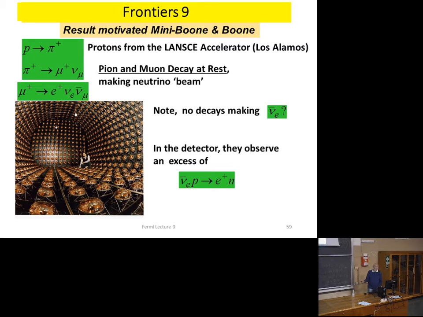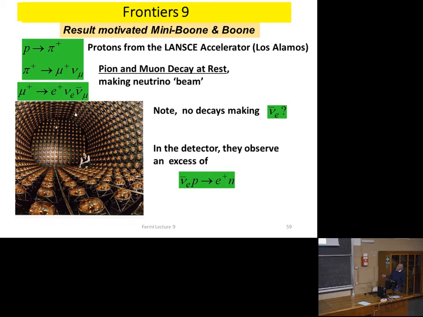There are no backgrounds particularly. And it makes 3 kinds of neutrinos, but not the 4th. So the question is, can you make the 4th by it decaying and changing its identity? In the detector, they then look for this 4th one. They look for the fact that you shouldn't have made any anti-electron neutrinos, and they look for this reaction.